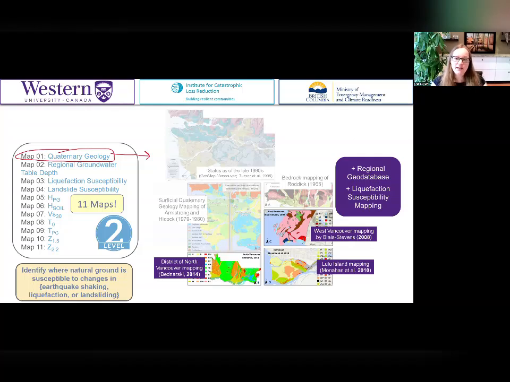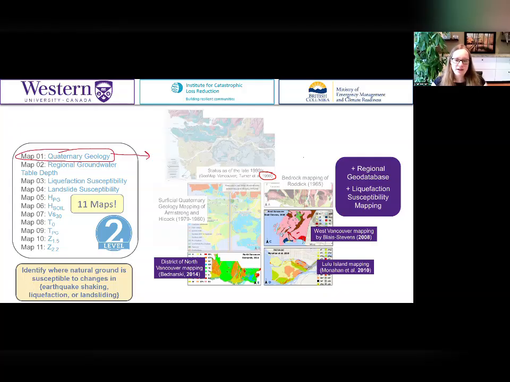The last really great resource generated by the federal government back in 1998 was the GeoMap Vancouver poster. That, and the data sets behind it, is our last update on these regional scale communications of subsurface ground conditions.